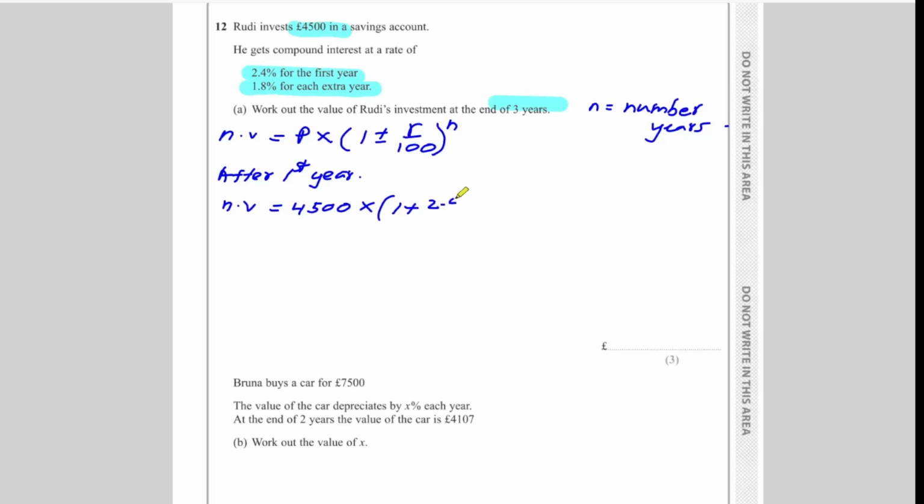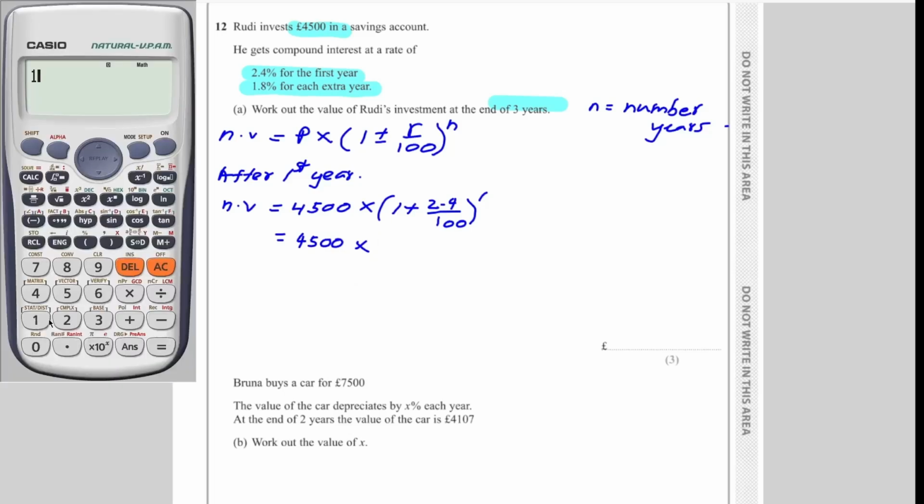This is the percentage, 2.4 over 100 raised to the power of 1, because this is only for 1 year period of time. 4,500 into, so use the calculator to get the value for this one. 1 plus 2.4 over 100 gives out 1.024.